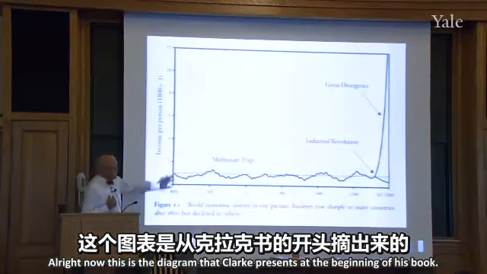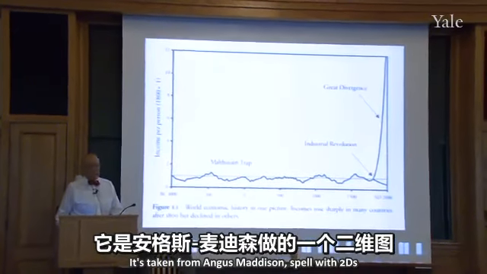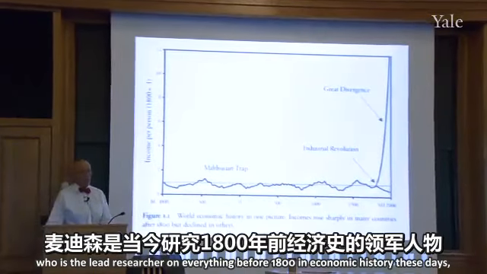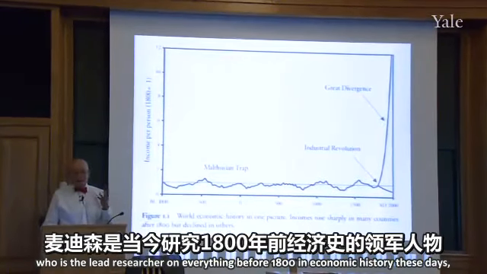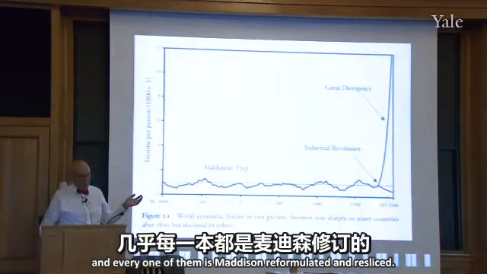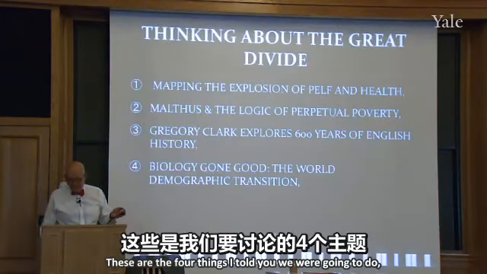Now, this is the diagram that Clark presents at the beginning of his book. It's taken from Angus Maddison, spelled with 2 Ds, who is the lead researcher on everything before 1800 in economic history these days. And literally there are perhaps 50 books that touch on this material, and every one of them is Maddison reformulated, resliced.